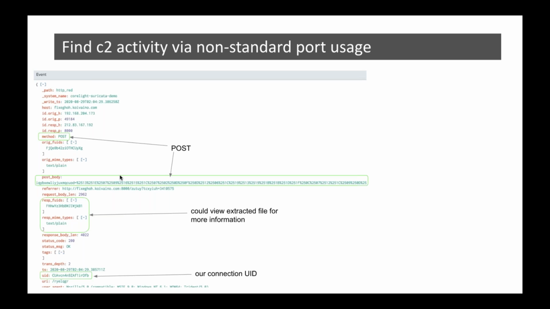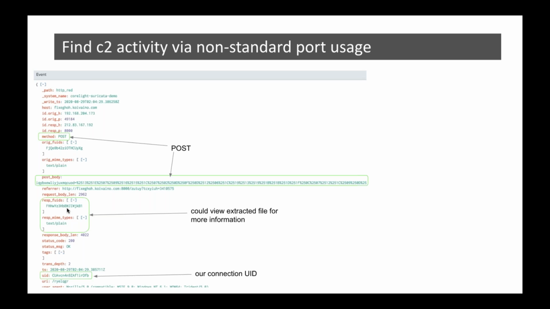And a few other interesting things have popped up here now, right? We see that there's actually a POST, and so that's what's going out to port 8000. We see the post body here, URL encoded. Don't quite know what it is by looking at this right here, right? But I also see a couple file identifiers for the files that were transferred, in this case probably just the text of this post body.